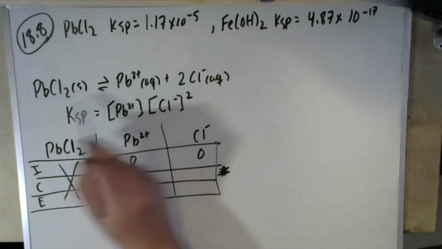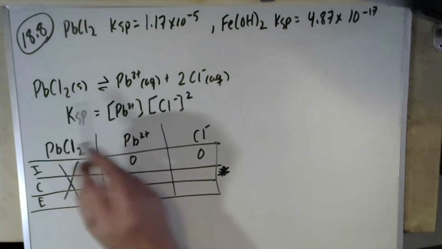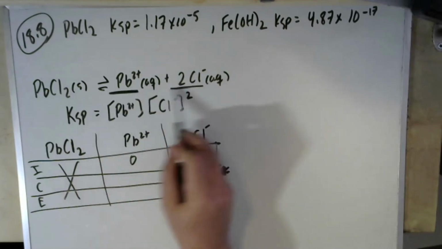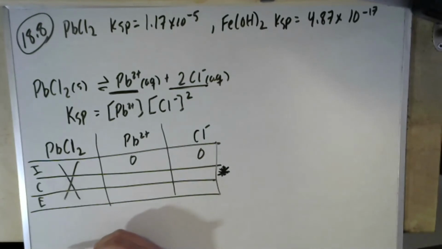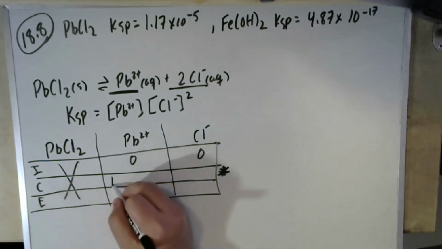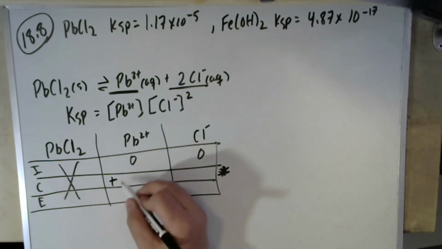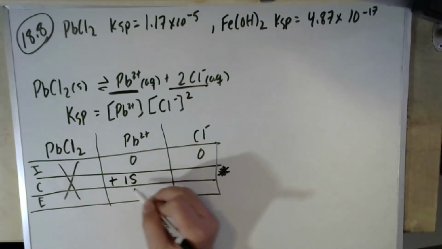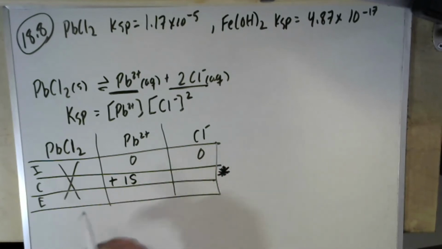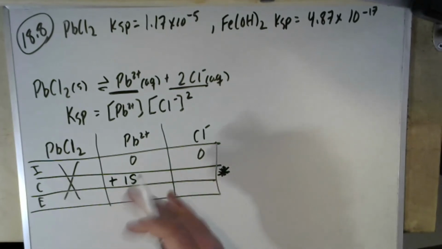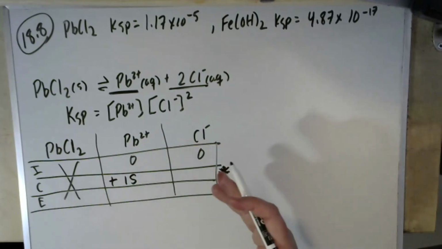When my PbCl2 dissolves, I end up with 1 mole of lead ion and 2 moles of chloride ion. So in my change row, when my lead chloride dissolves, I'm going to end up with 1S. They use the term S to describe what's dissolved in solution.